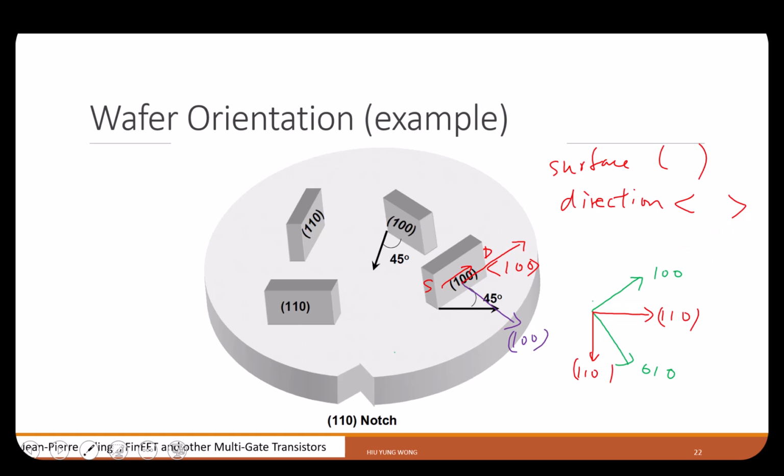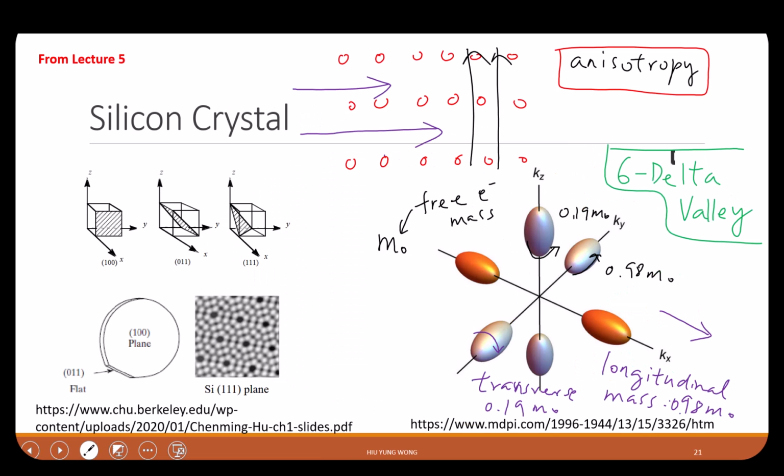It can be any other surface, right? Yeah. So going back to the momentum space diagram, how do the surface and the direction correlate to this one? Yeah, the direction of the crystal.